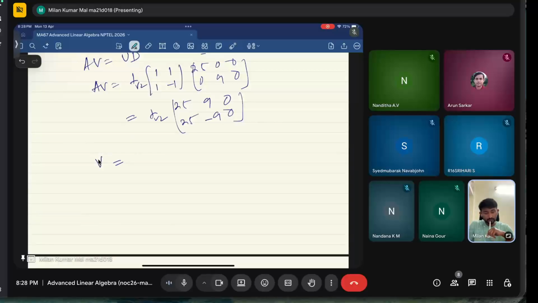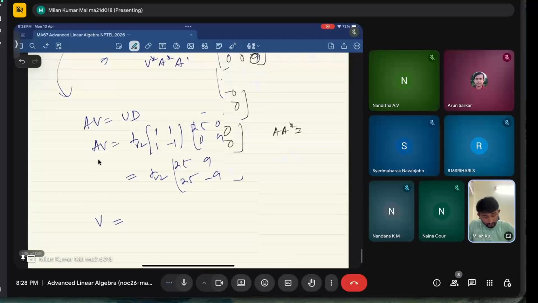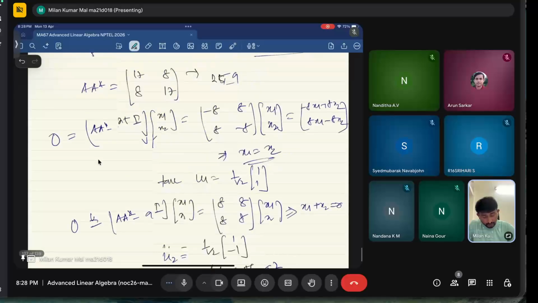A star A is equal to something. A star, what we obtained, A star is equal to this matrix.